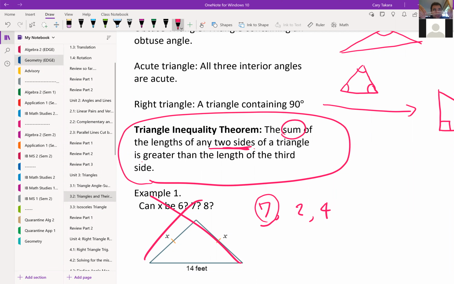It's impossible to create a triangle. And so it fails, right? Again, the sum of any two sides should be bigger than the third side. And that's what the triangle inequality theorem is. And that's not too bad, is it?